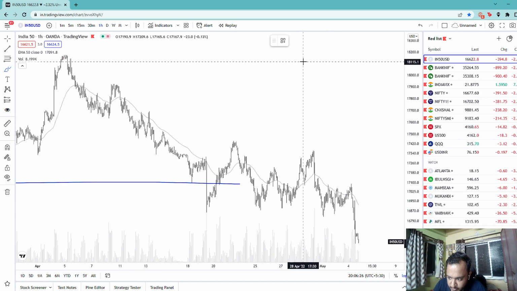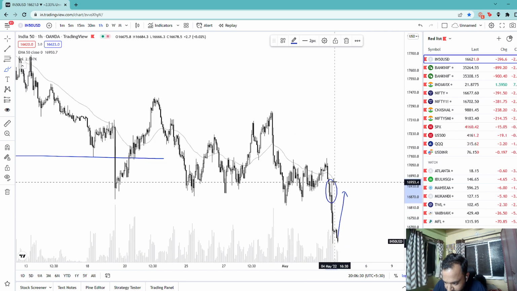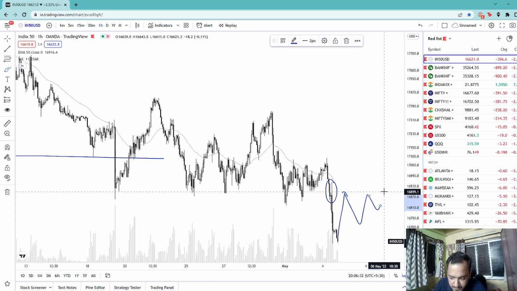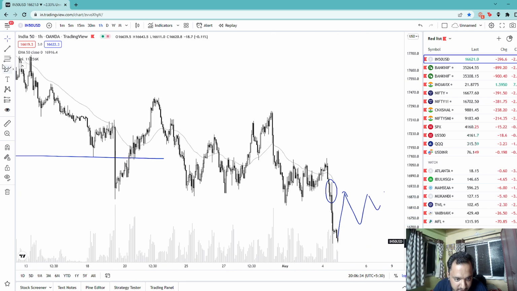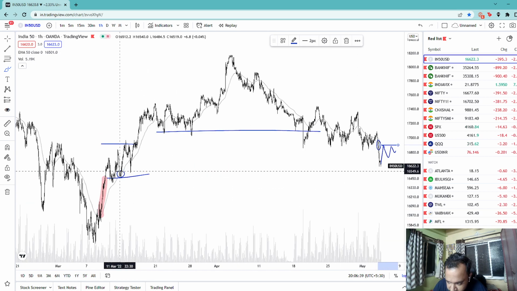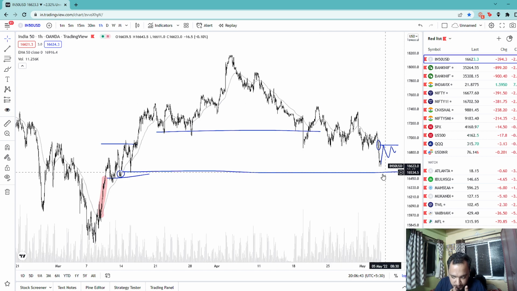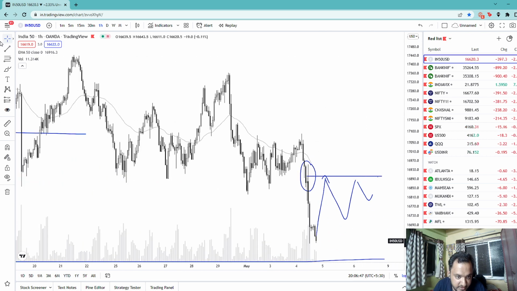Otherwise I'll wait for a pullback into this supply right here, this huge supply built up, and then we'll see how we shape up inside this reference range. The reference range is from this supply to this demand zone right here, which is 16,550. So tomorrow if you open gap down inside this range, you can definitely take a long trade, depending on whether you get an entry in intraday or not. We can get a sharp bounce till this level.